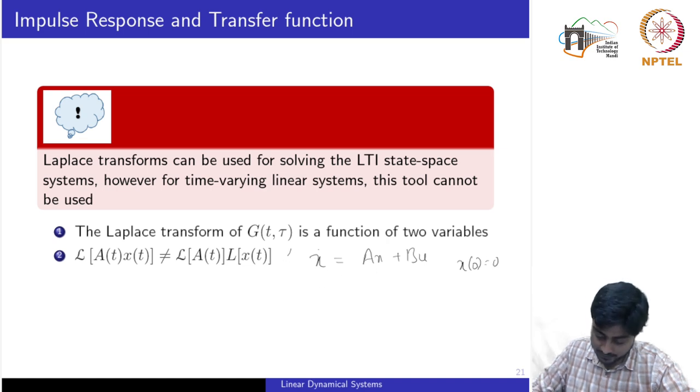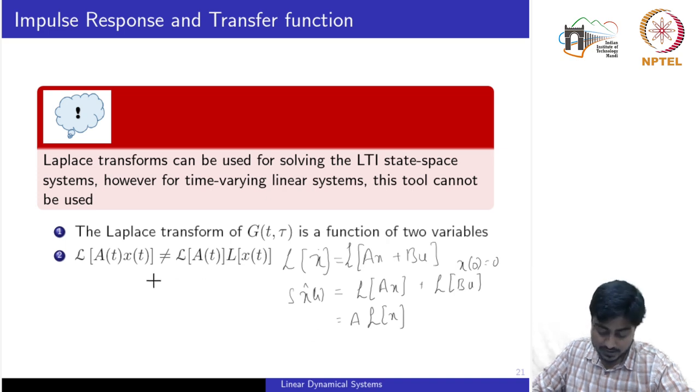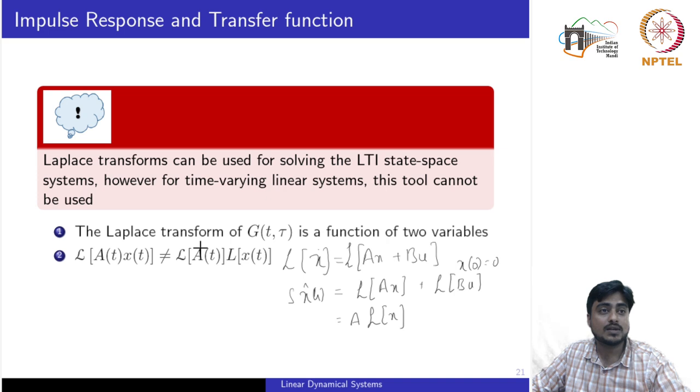Now if I take the Laplace transform of both sides, then I could write x hat of s, and this part, let's denote for the moment, as A into x plus Laplace of B into u. Being A a constant matrix, I could take it outside, which is not the case here for the time varying case. So we cannot take the Laplace transform here. Because of these two basic problems, we cannot use the Laplace transform or the Z transform for the LTV case.